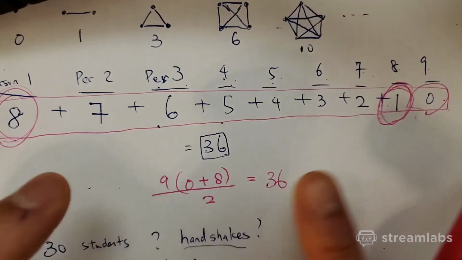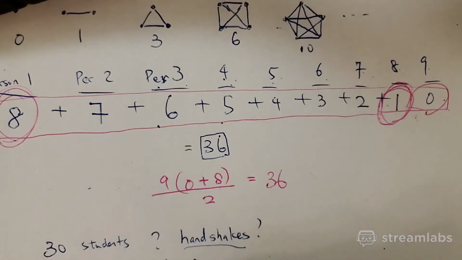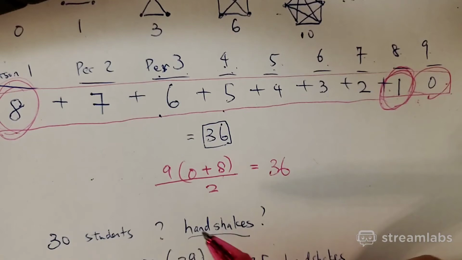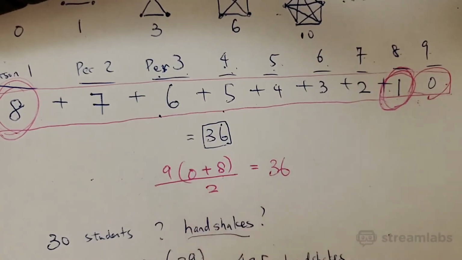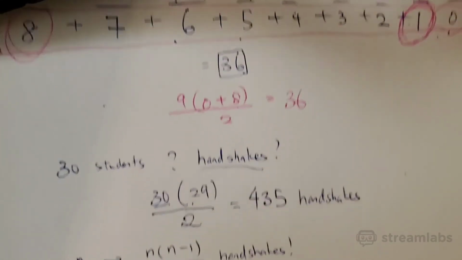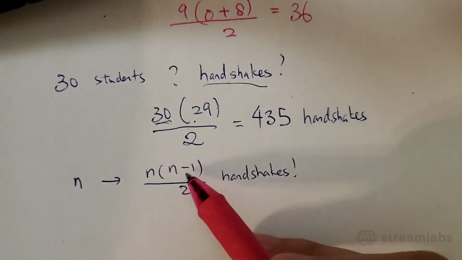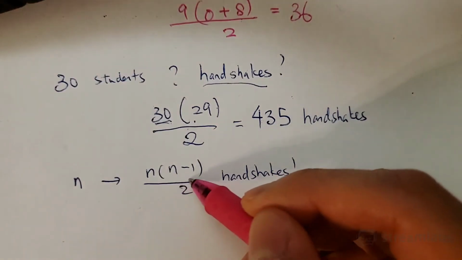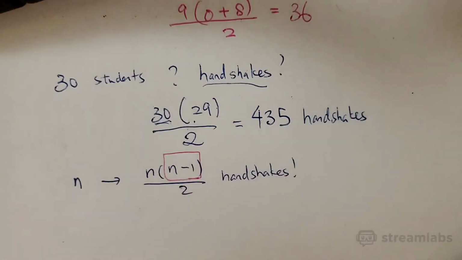So it's the same thing as first plus last, right? First plus last times how many people you have divided by 2, right? So it's the same thing, except you start with 0 instead of you start with 1. That's why it was n minus 1 here instead of n. This is to account for the last term being just 1 short, because you start with 0 instead of 1.